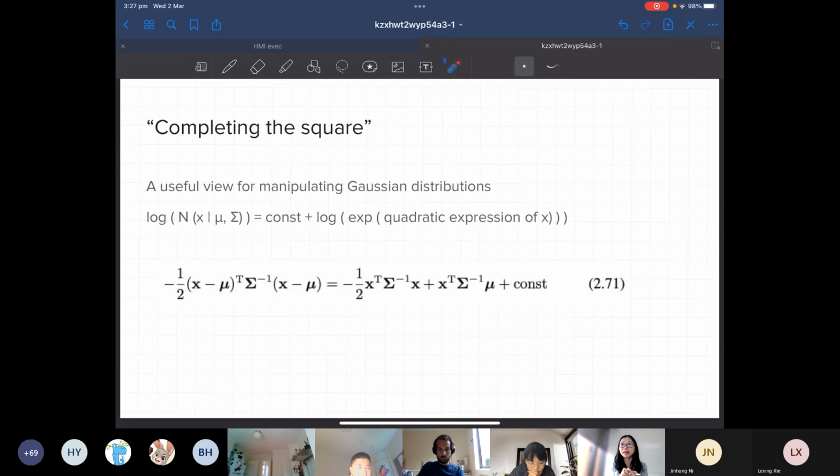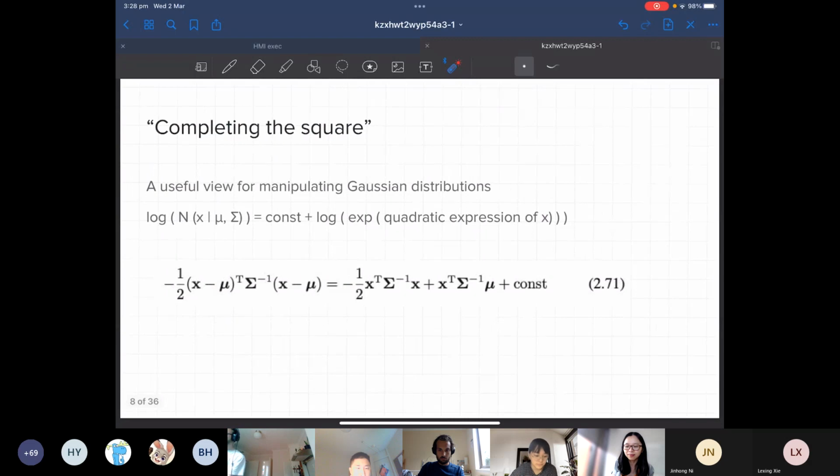In exams, these kinds of exercises will be somewhat limited because it takes time to do them and check that they are right. So with Gaussians, it's useful to think of it as a quadratic expression, but it's also useful to try and complete the squares, essentially generalizing the skills that, for example, high school or middle school algebra has about doing this for scalar expressions. Now we're just completing the squares for matrix vector expressions.